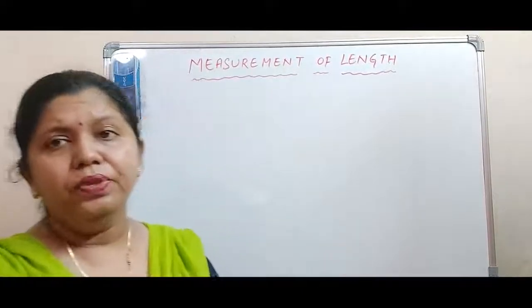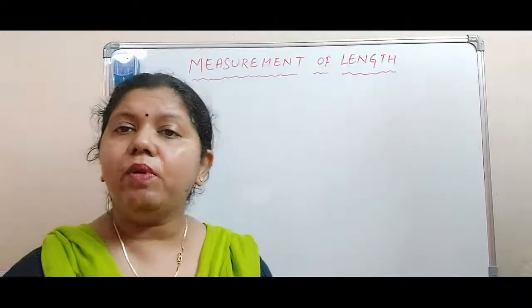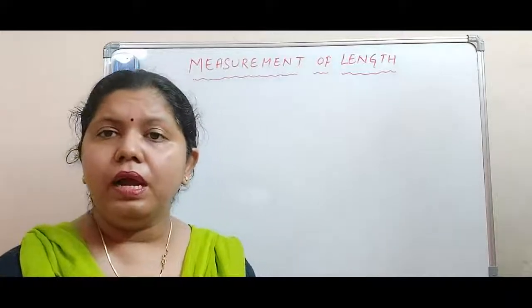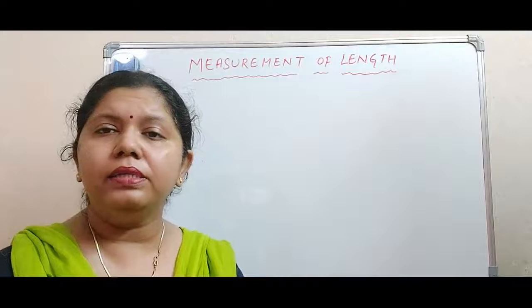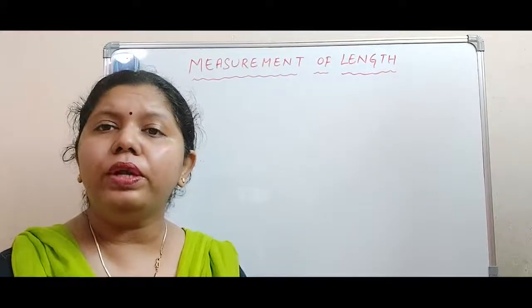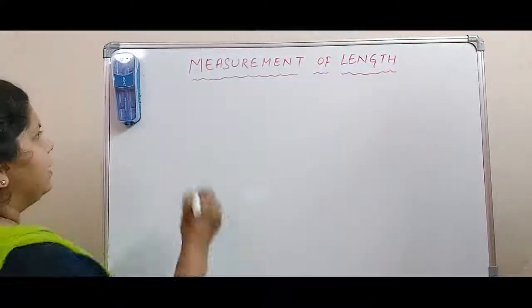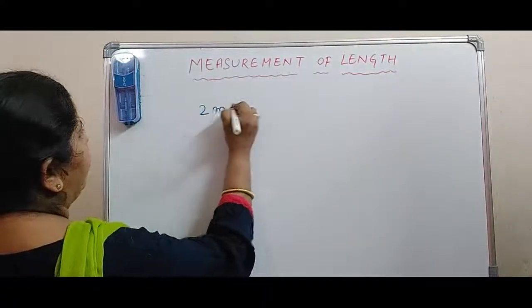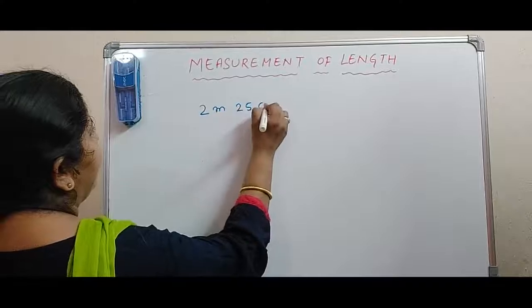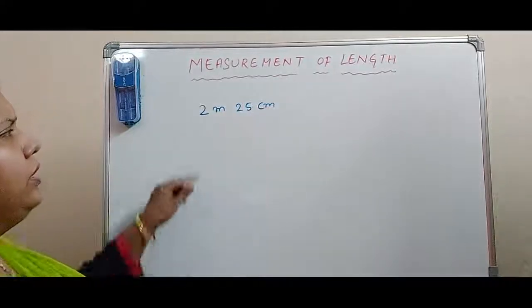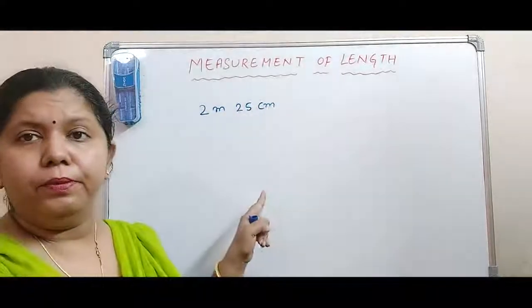Let's see. Suppose I went to the market and bought some cloth for myself. I bought a dupatta whose length is 2 meter 25 centimeter, and I want to convert this entirely into centimeter.